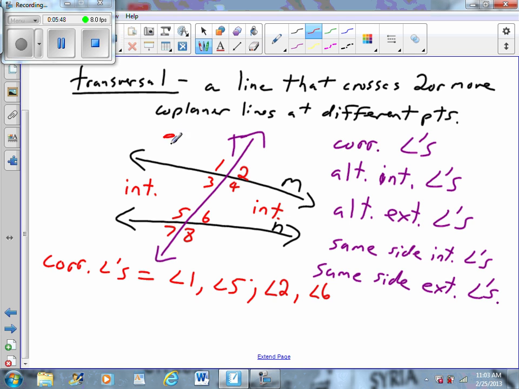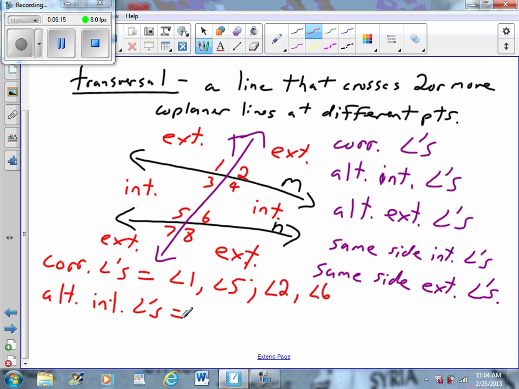Everything else is exterior. Okay? All of this space out here is exterior. So when I'm talking about alternate interior angles, your attention should be first of all drawn into the space in between the two lines.